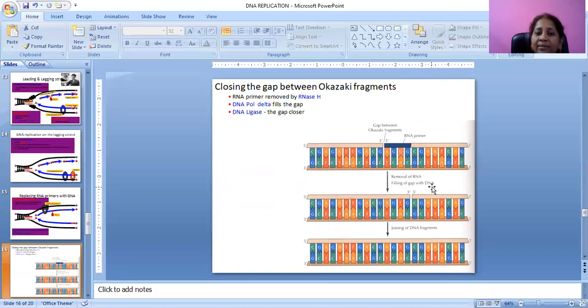Then DNA ligase will close the gap, gluing the two and joining the strands. Here is the double stranded ladder-like structure.